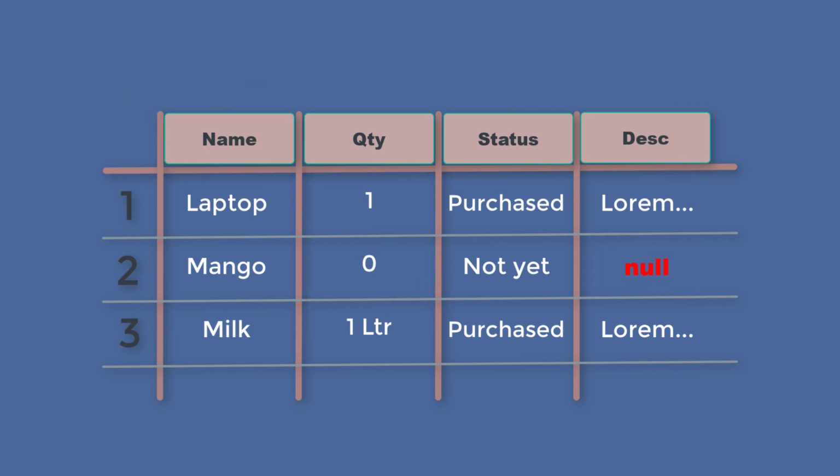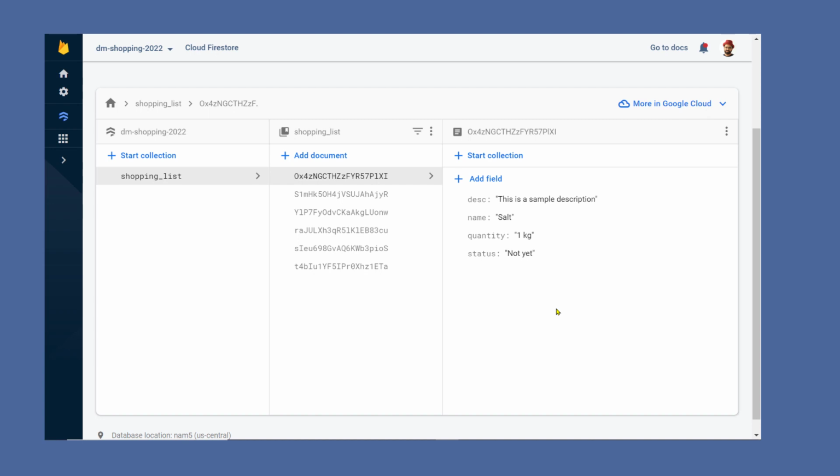This is a little different in a NoSQL database like Firestore. So here in one particular document we may have 5 key value pairs for 5 fields. In the next we may have only 2 because we don't have the data for the other 3 fields. So in case of a database for a shopping list app, one particular document may have the values for the name of the item, the quantity, and the description of the item.